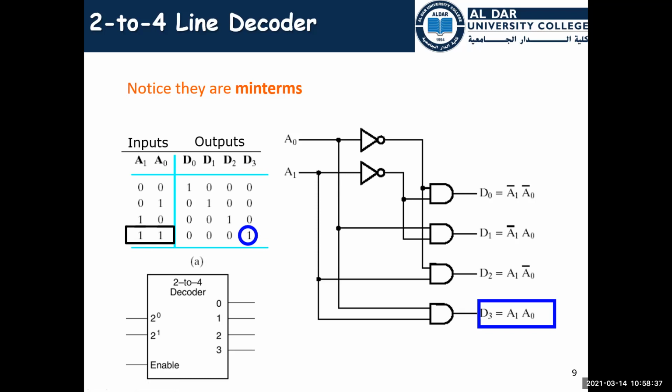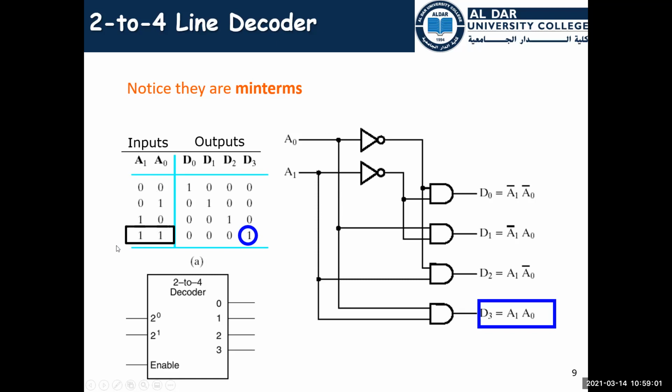Okay. If you notice, they are minterms. They are a collection of the minterms of these values. So we have A1 complement A0 complement, A1 complement A0, A1 A0 complement, and A1 A0.